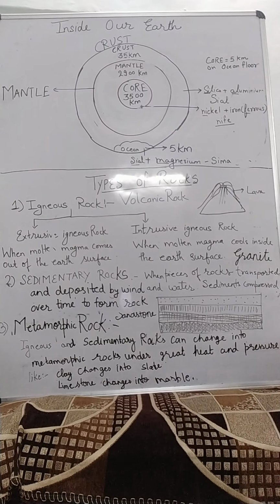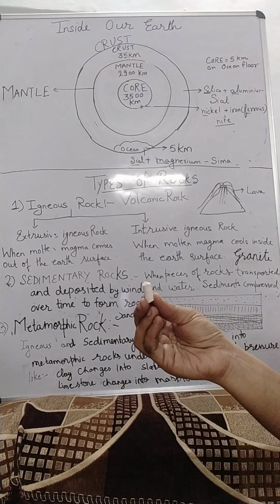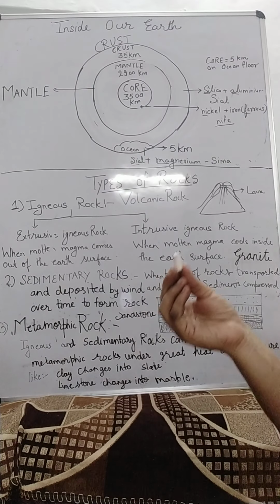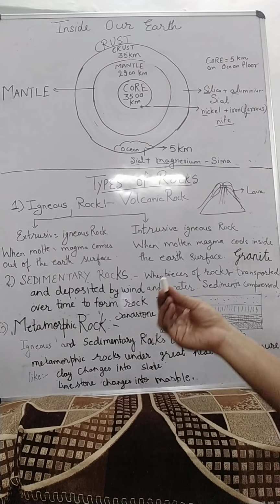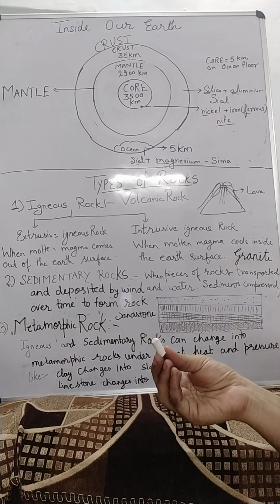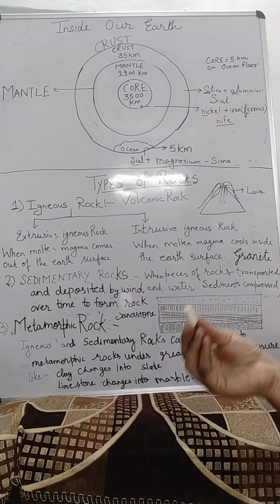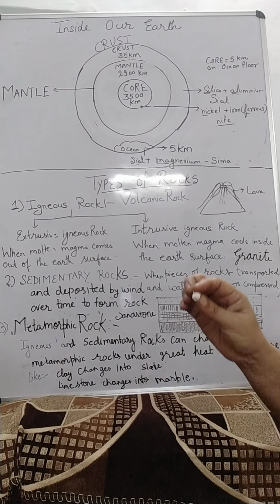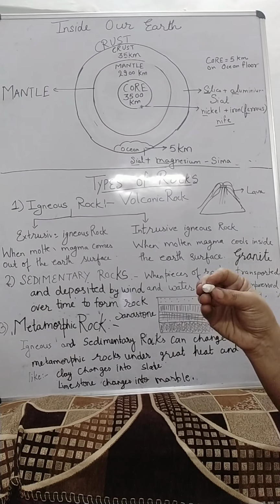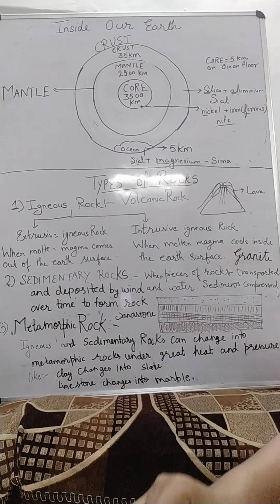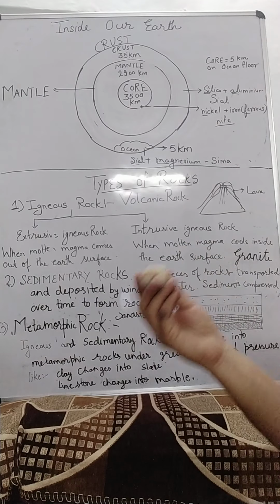For example, this is a chalk. Chalk is also called limestone. So chalk is an example of sedimentary rock. But when this type of rock is under great heat and pressure, it changes its form. It hardens and it could become a marble.